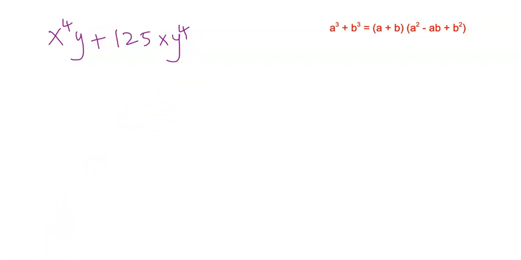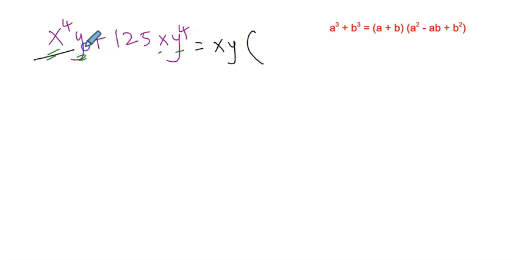In this, the greatest common factor, I don't see any numbers here in the first term. So we don't have any number, but you still have x and y here. So that x y is coming out as a common factor.